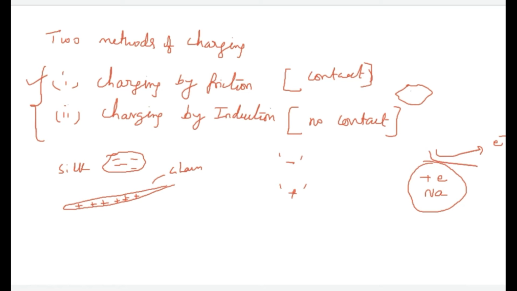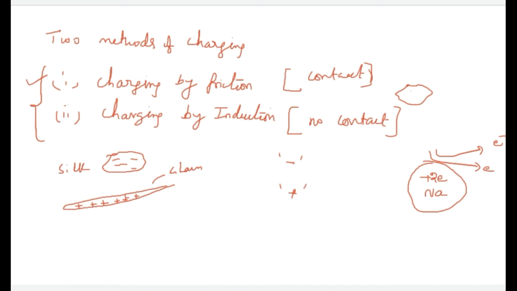Suppose I am removing two electrons from the sodium. Then what happened to the charge of the sodium atom? 2 plus. Okay, plus 2E, like that it will go. So there is an asymmetry formed here. Normally in an atom the total number of electrons and total number of protons should be same.